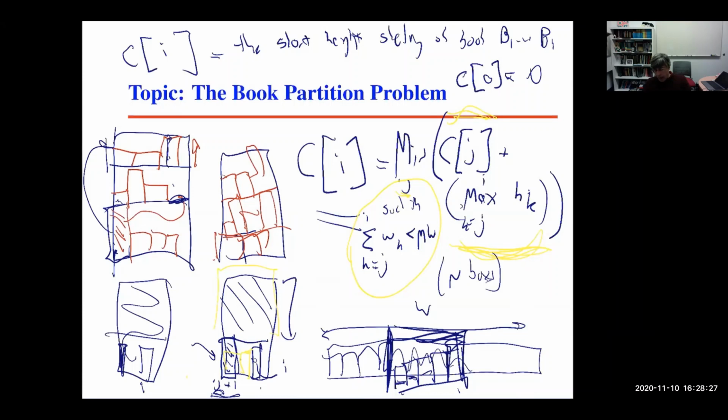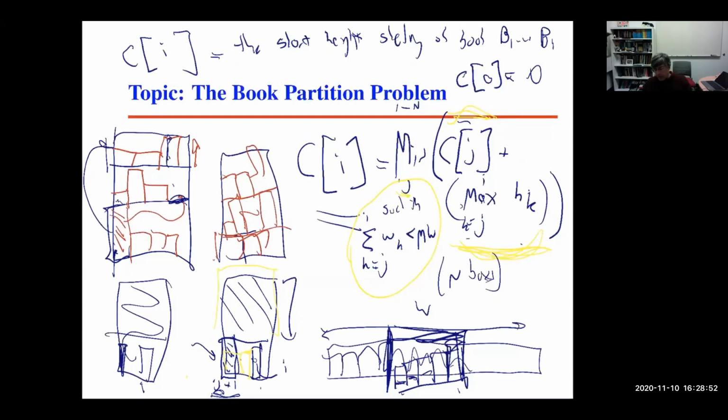J is my index of my min. J here is going to go at worst from 1 to n, right? I could go back any number of books here. Looking something up in a table is constant.